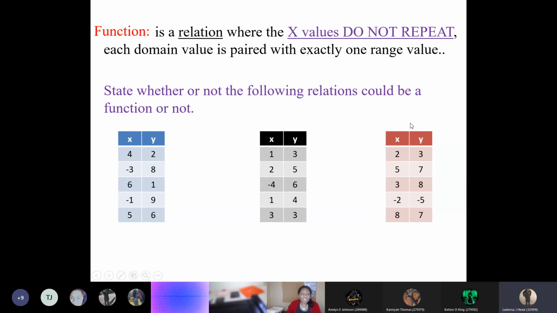Yeah. Why? How do you know? Because the x values don't repeat. The x values do not repeat. That means it is a function. Thank you, Ladarius. Good job.